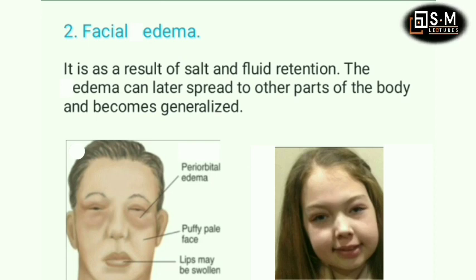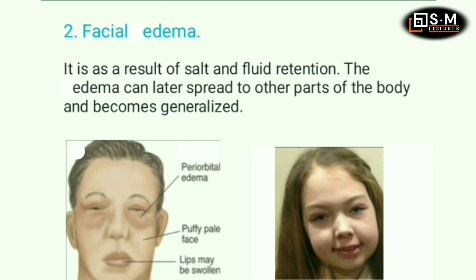Then there will be a puffy pale face, and also the lips of the patient may be swollen. In the second picture, you can see the patient is having a general facial edema.